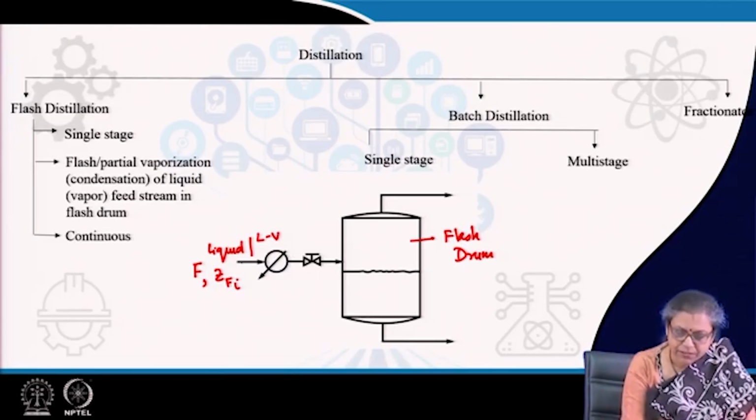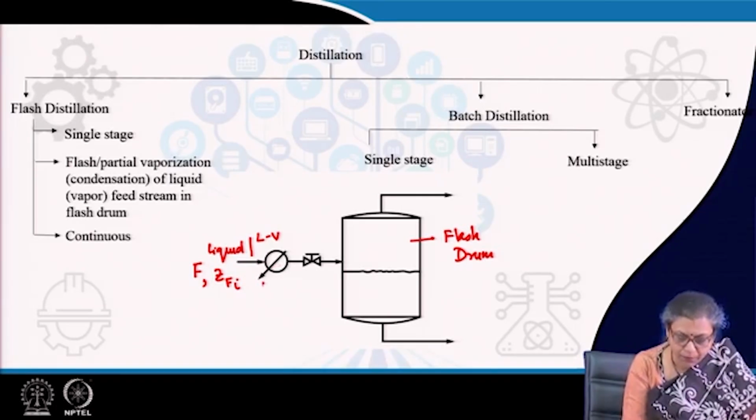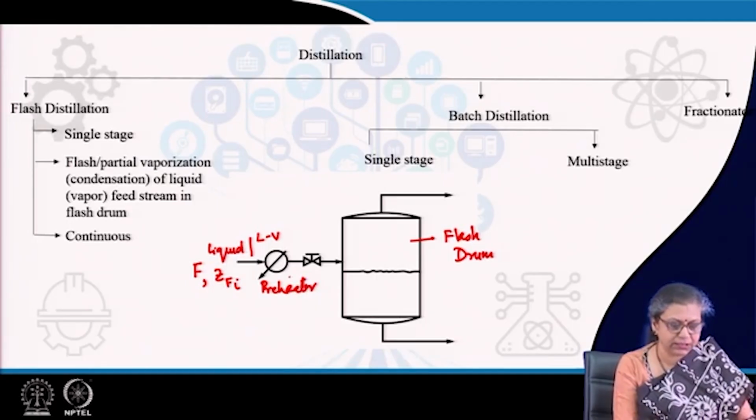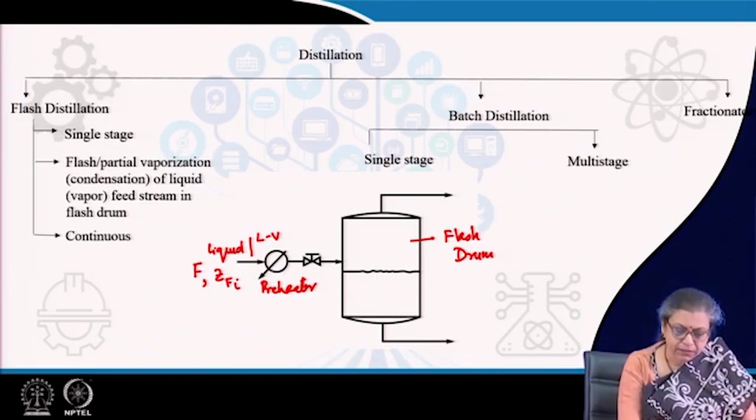Now, what happens? Generally the liquid feed is passed through a preheater, and from the preheater it gets heated to an extent where it is almost at saturated conditions, but we try to ensure that the phase separation does not occur here.